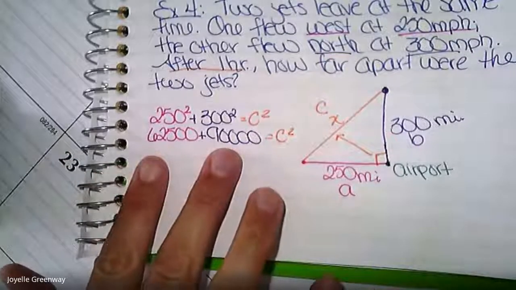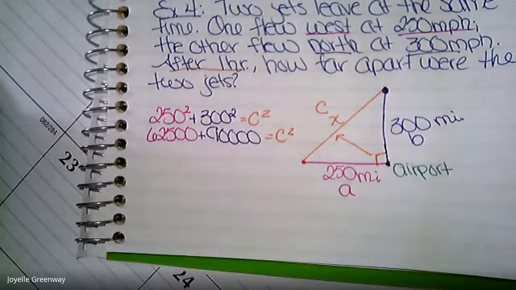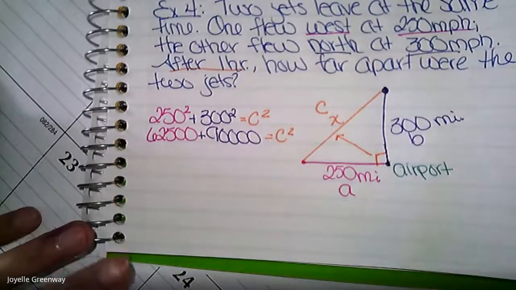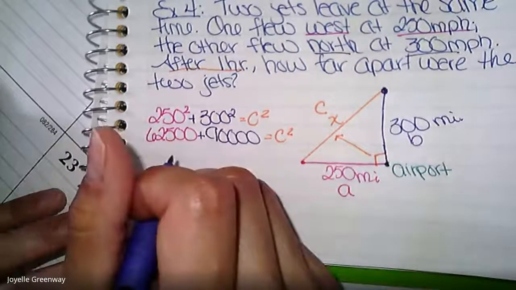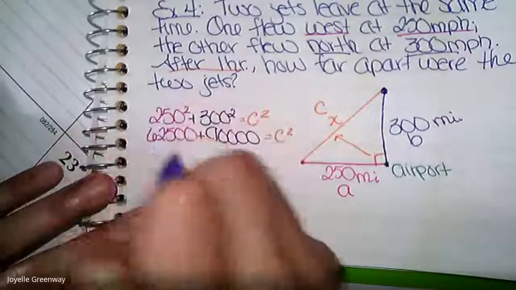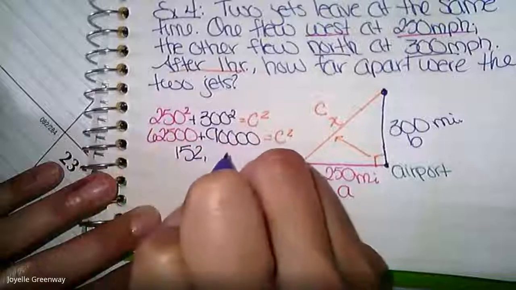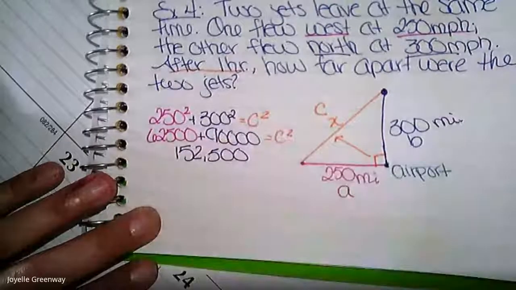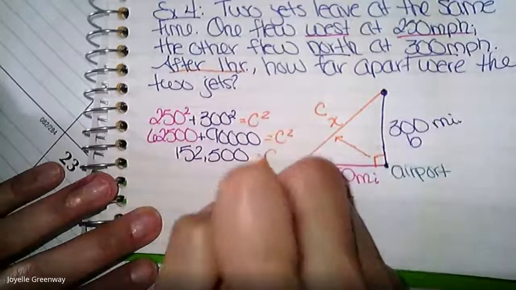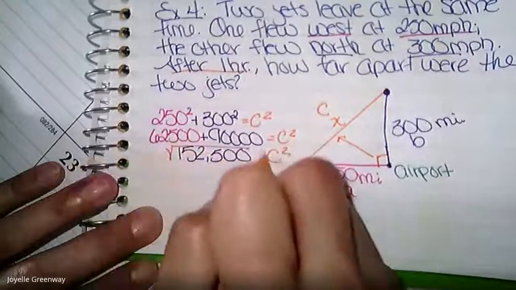Now I can just add them together, they're on the same side of the equal sign. So I get 152,500 equals C squared. Take the square root.